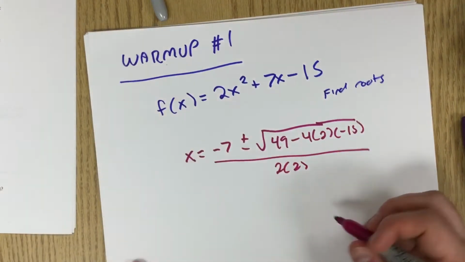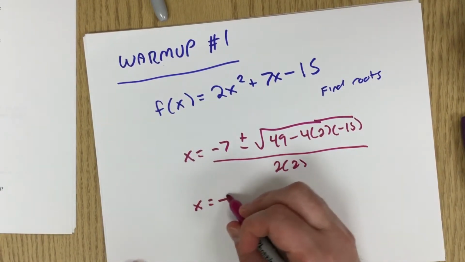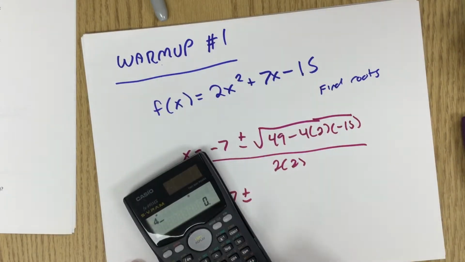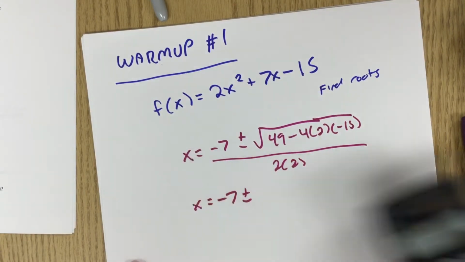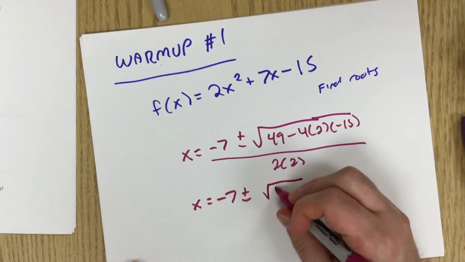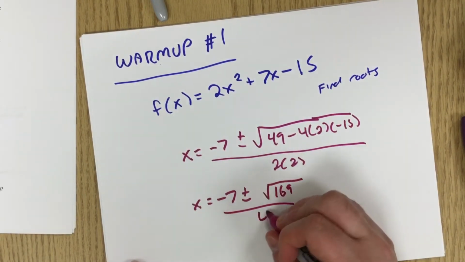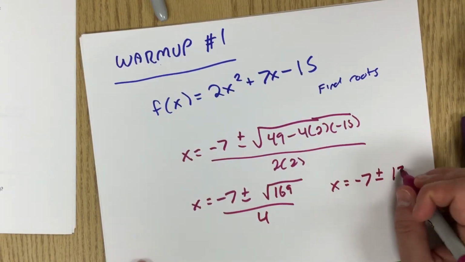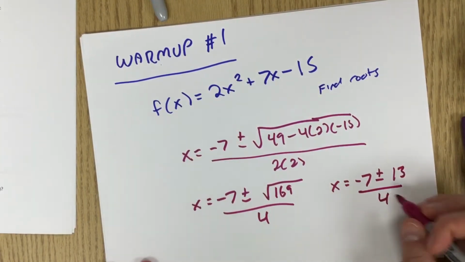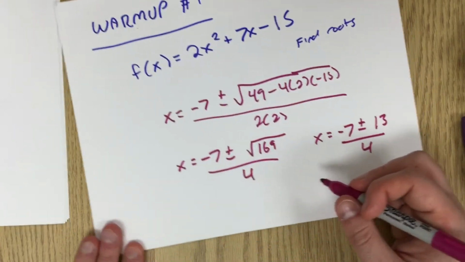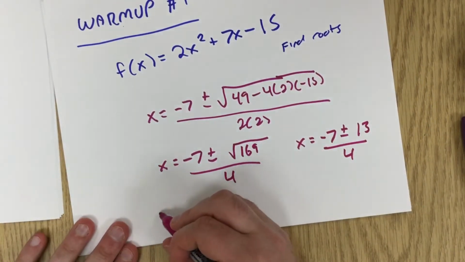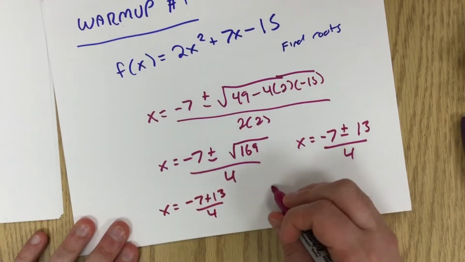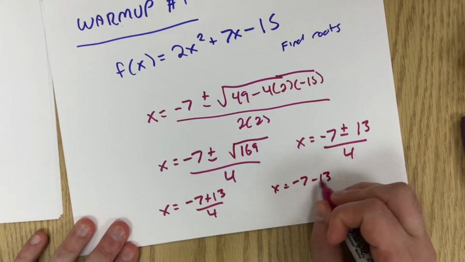2 times 2. So x is going to be equal to negative 7 plus or minus, so 49 plus 120, 169. Root 169 over 4. X is equal to negative 7 plus or minus 13 over 4, which means that x is minus 7 plus 13 over 4, or x is minus 7 minus 13 over 4.